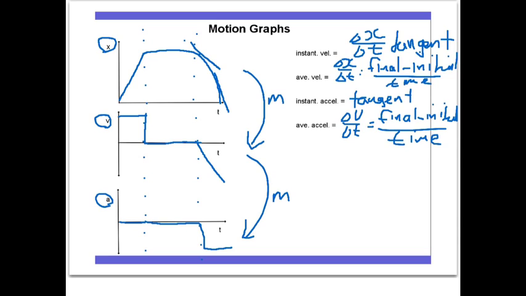Going back upwards, looking at an acceleration time graph and calculating the velocity, we look at the area. So the average velocity for this section here would be the area here.